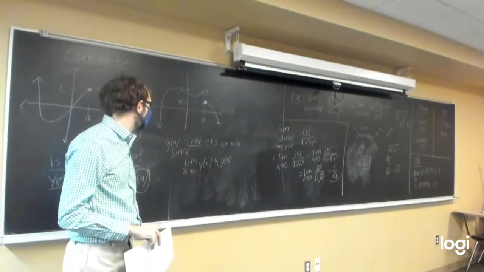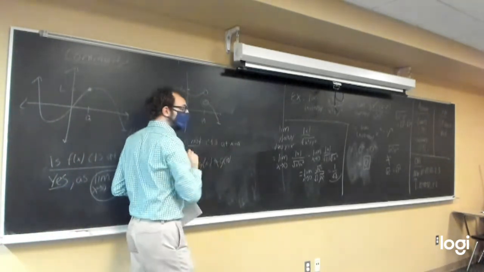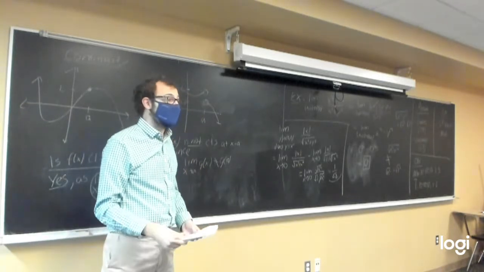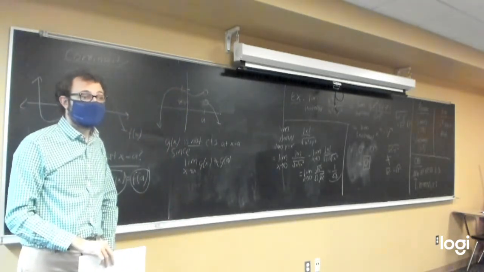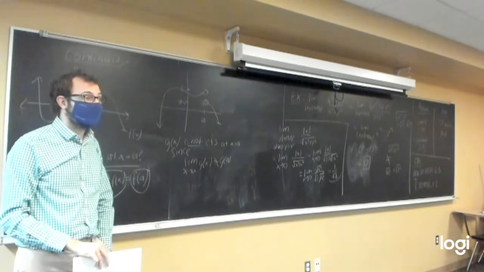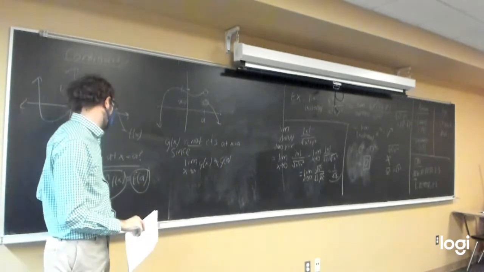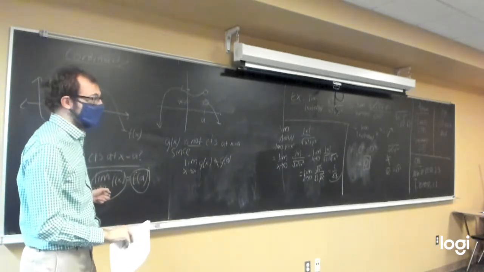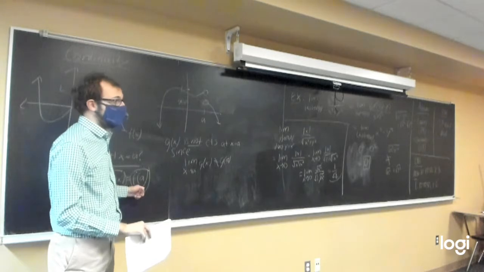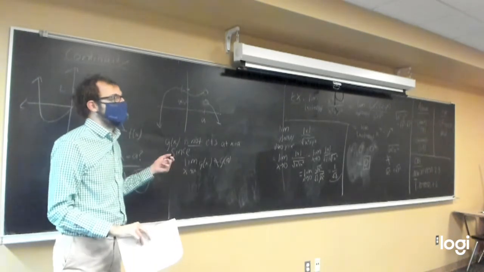What if a were an open circle, like where g of a is? Like this? Do you think that is continuous? I think this one would actually fail both conditions. The limit would not exist and g of a would not exist. And so we have two different reasons why this function would fail to be continuous.